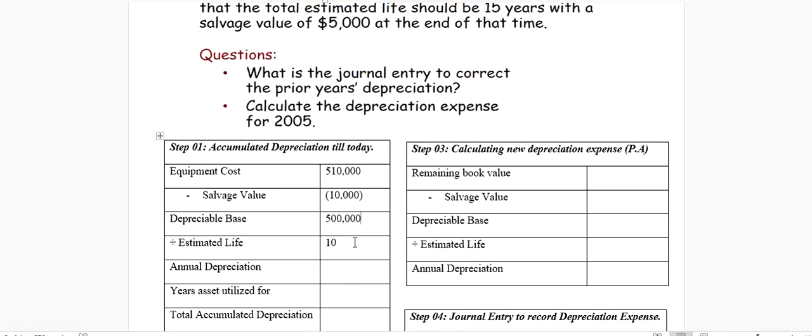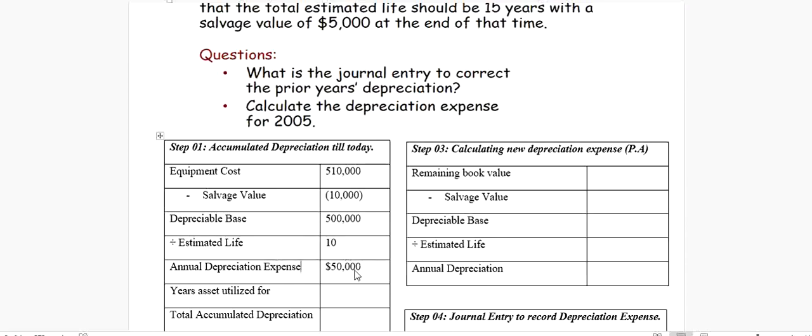Then divided by useful life, that's 10 years in our example. If I divide $500,000 by 10, it means that our depreciation expense will be $50,000 per year. It's the annual depreciation expense, ladies and gentlemen.